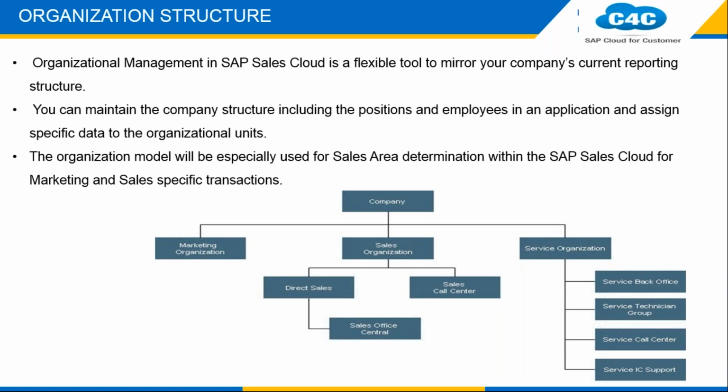Whenever you integrate with a backend system, there is always an IDOC flow. There is an IDOC concept over here. So when there is an integration with a backend system, the IDOC gets replicated and appears in C4C, either ECC to C4C or vice versa.